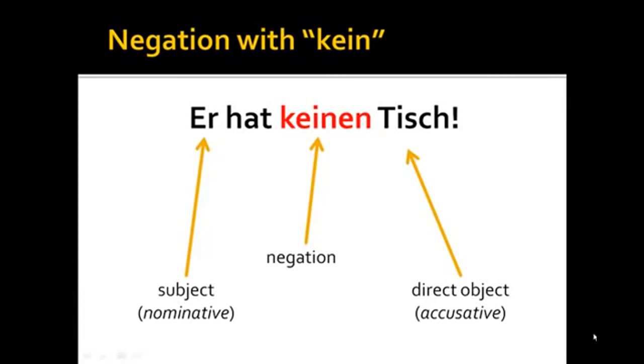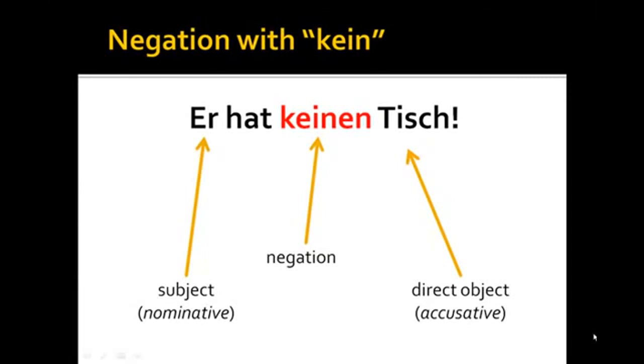So, for summary, if I want to negate a predicate adjective or an adverb, I use nicht before the predicate adjective or adverb. If I want to negate an entire clause, I put nicht at the very end of the clause.